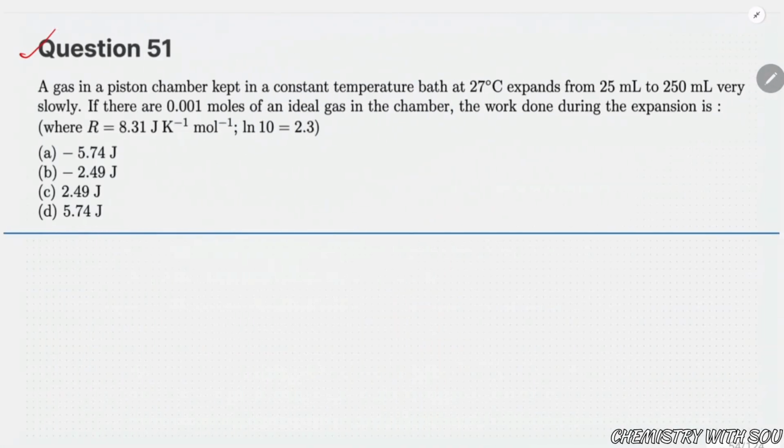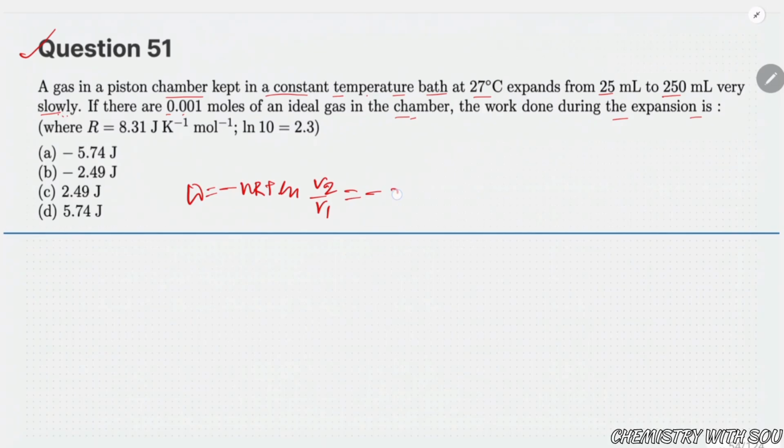In question number 51, a gas in a piston chamber kept in a constant temperature bath of 27 degrees centigrade expands from 25 ml to 250 ml very slowly, meaning it is a reversible process. If there are 0.001 moles of an ideal gas in this chamber, the work done during the expansion is W equals minus nRT ln of V2 by V1.